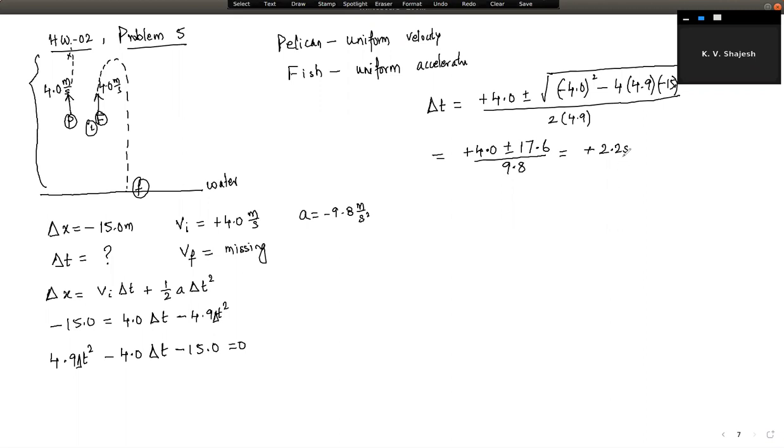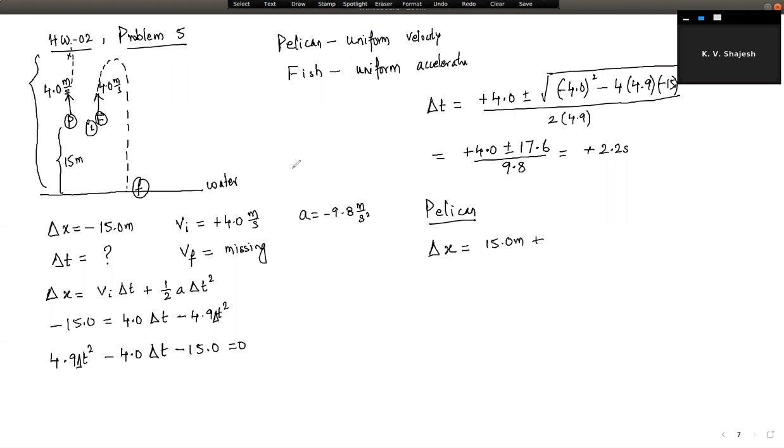Once we have the time t, in that same amount of time, the pelican is going to move upward from the 15 meters that it already has, because that's where it begins from. So what's the position of the pelican? As far as the pelican goes, the position is delta x is equal to 15 meters, plus it's going with uniform velocity.